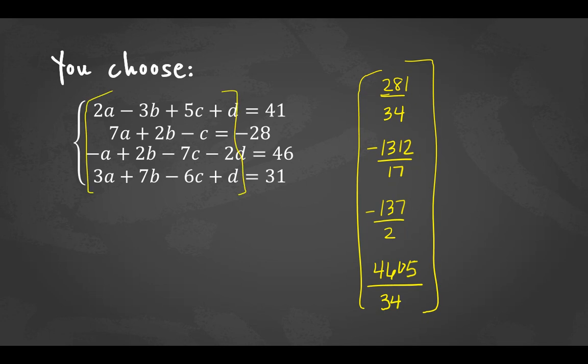So you take all those coefficients, right? 2, -3, 5, 1, etc. And then you create a 4x1 with your answers.